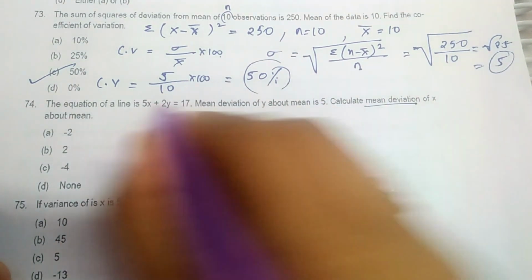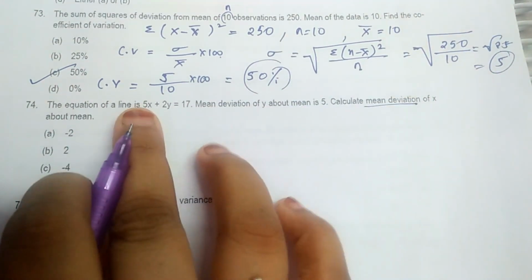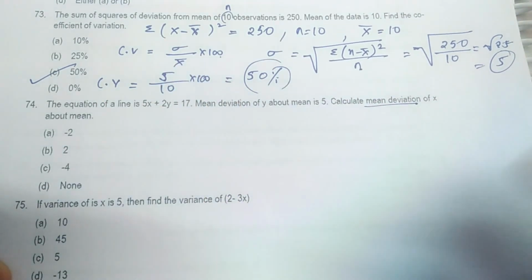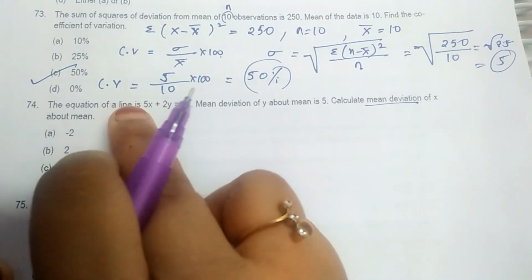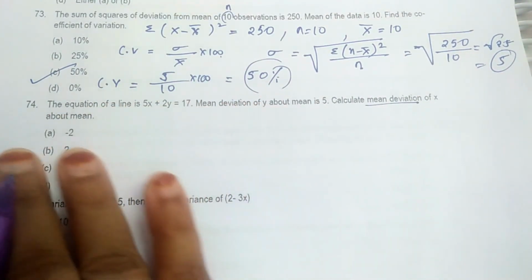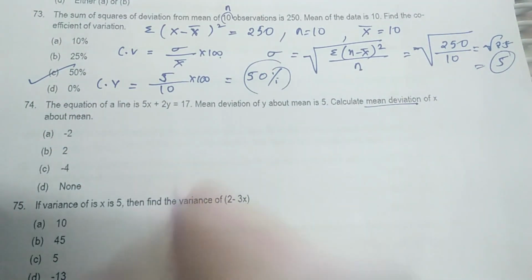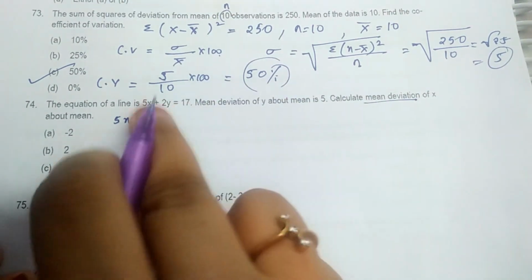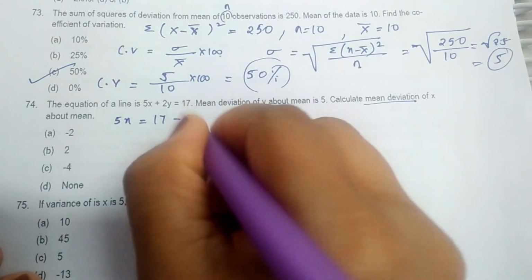First of all, we'll simplify this in the form of x, because we need to find out x. Keeping x on one side, sending all the other terms to the other side. So this will be 5x equal to 17 minus 2y.